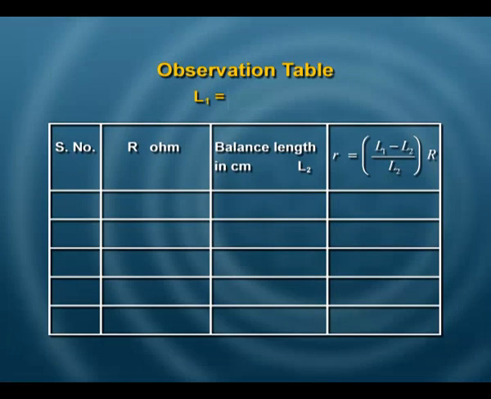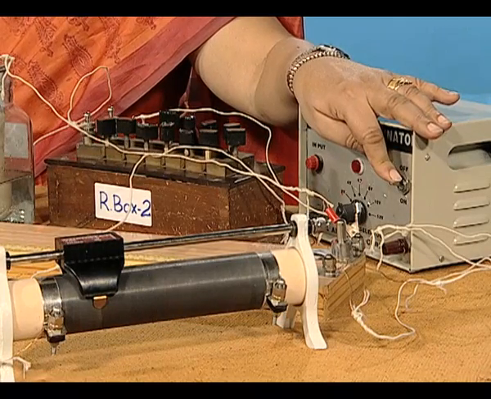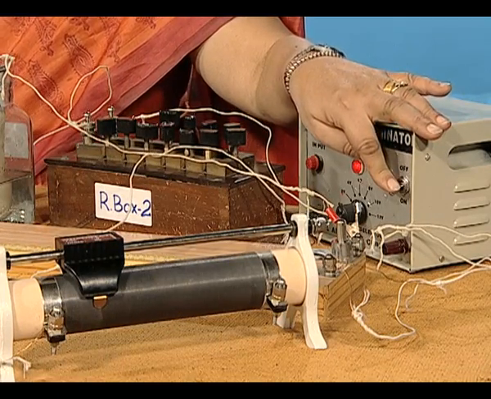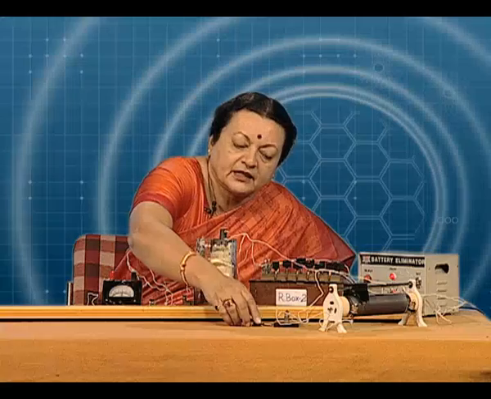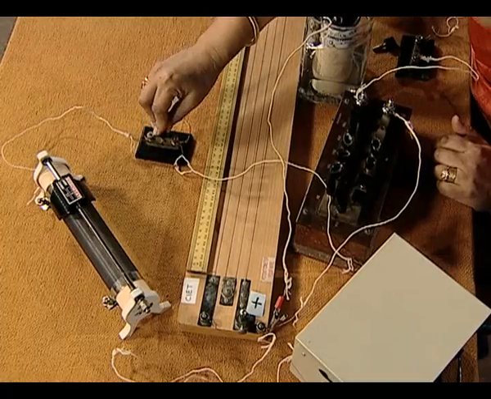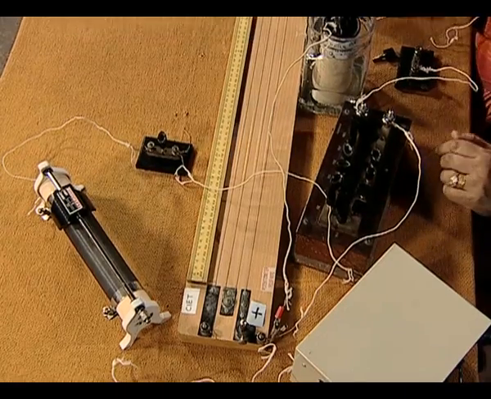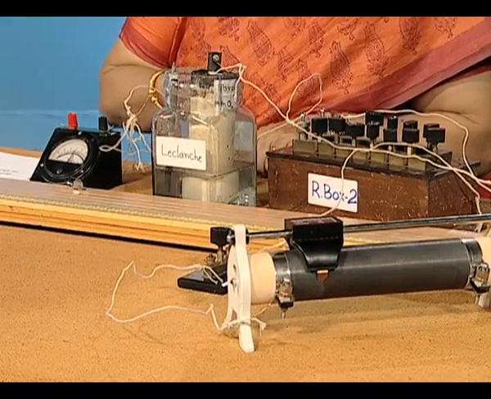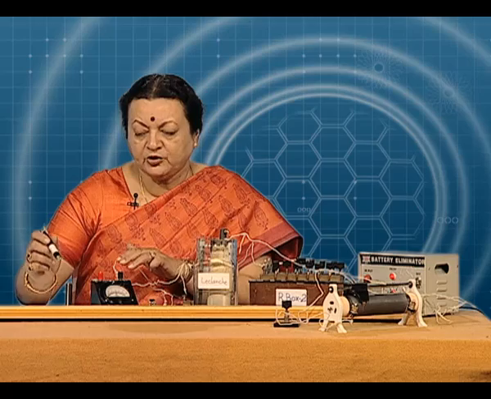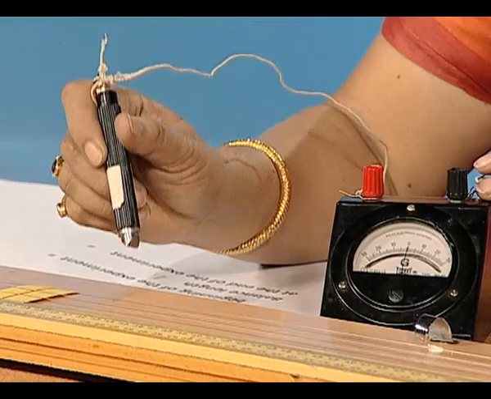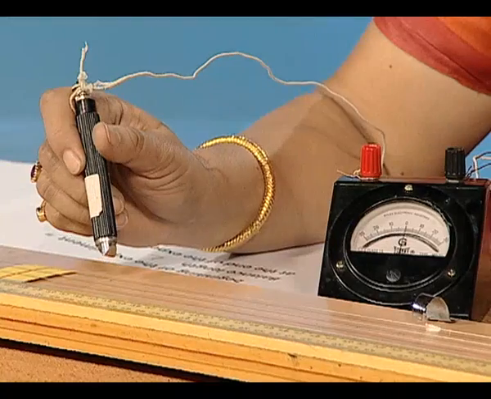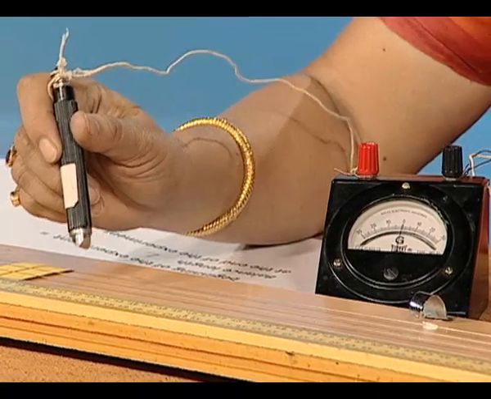Let us see what we will fill in our observation table. After starting our switch from the eliminator, connecting up the key in the main circuit, this key is off. We will start by using the jockey. First, on the first wire, this is giving me left side deflection.